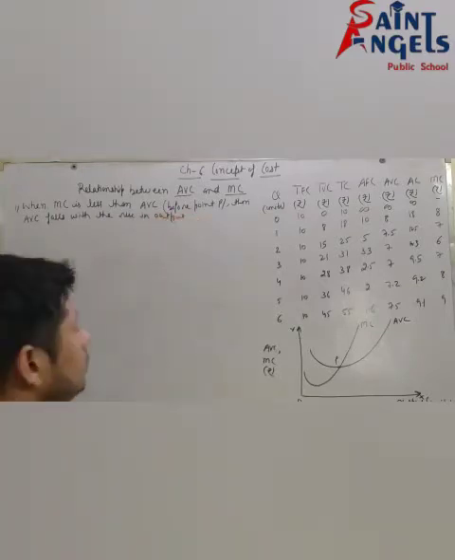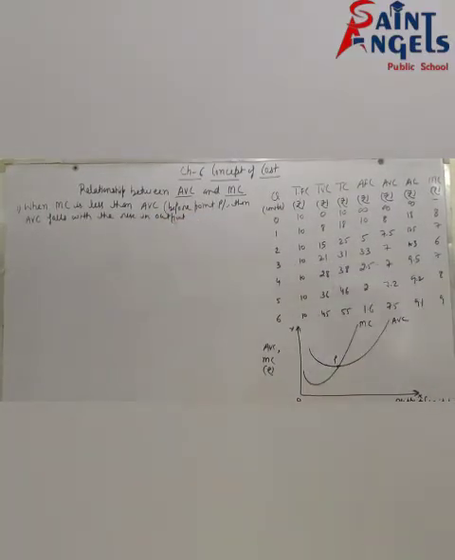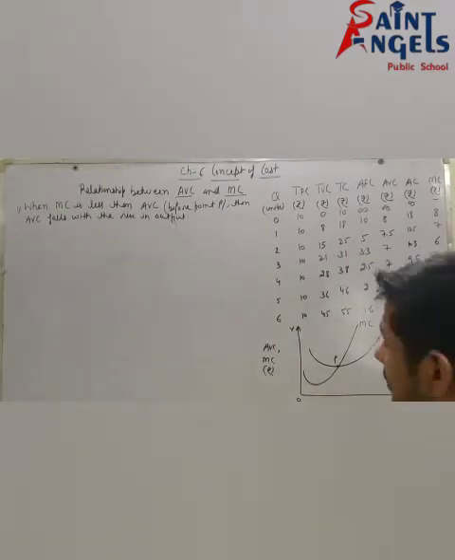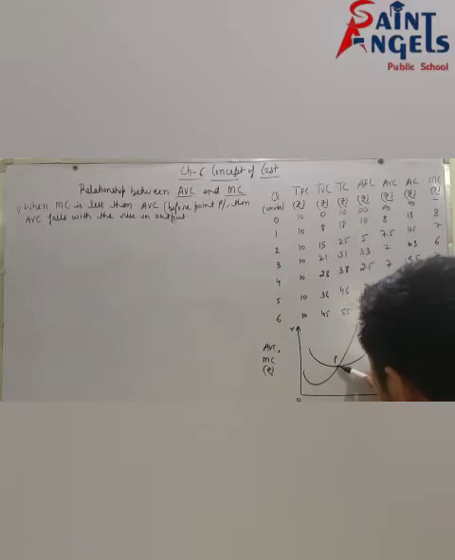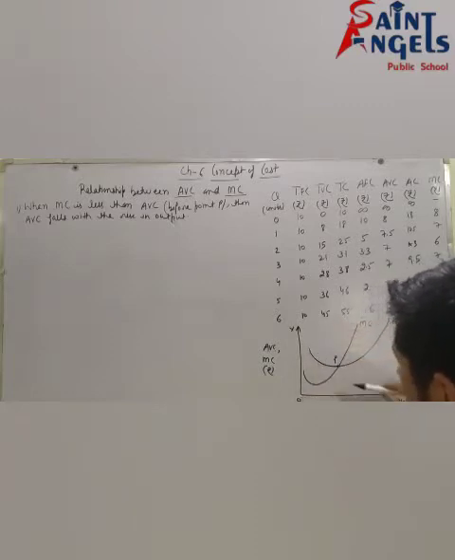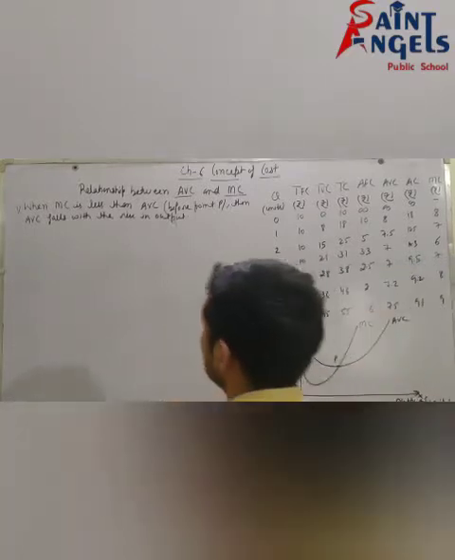So this is the first point of the relationship between AVC and MC. When MC is less than AVC before point P, it means AVC falls with the rise in output. I hope this point is clear.